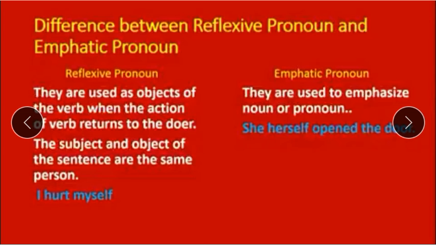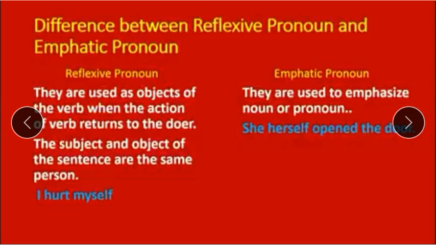Some exercises are given in the book. Fill in the blanks with appropriate pronouns, then identify the pronoun. Like, he posted the letter. You have to fill in the pronoun: he posted the letter himself. Here the subject is he and the object is the same person, so that is the reflexive pronoun.